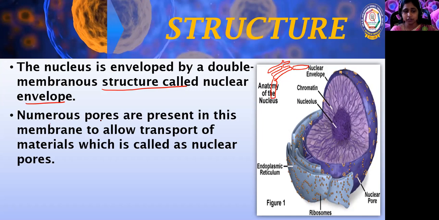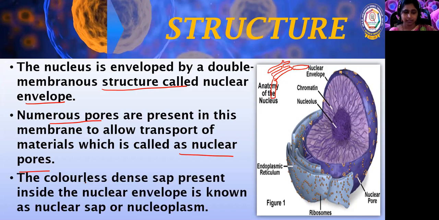It has numerous tiny pores that allow transport of materials, called nuclear pores. It has a dense sap liquid, which you call nucleoplasm.